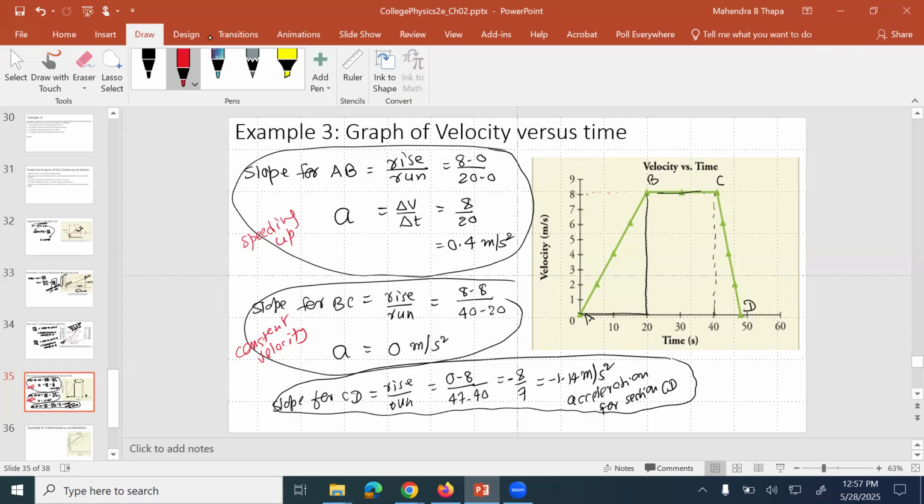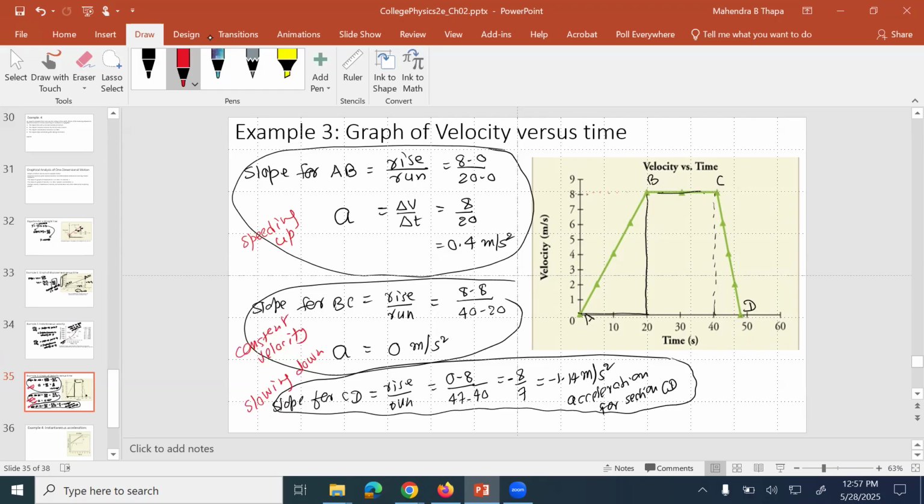So it is the slowing down case, and that minus indicates that in this example it is slowing down.